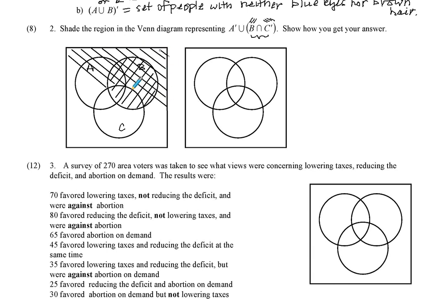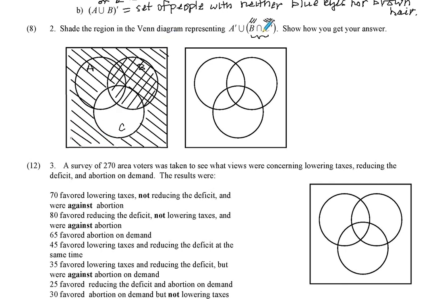So when I'm doing this on paper, what I like to do is cover up that circle C with my thumb and then shade everything that's outside of it. So there is not C.